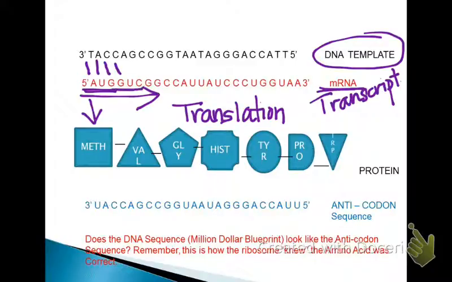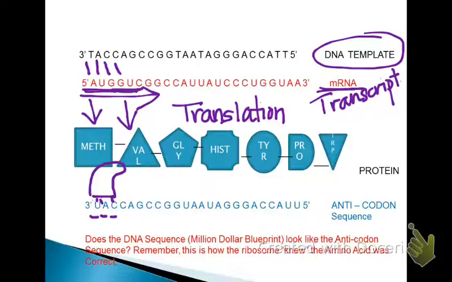Then you have GUC, which will signal for valine. And remember, the way that it knows which one to bring is because the transfer RNA is going to have these anticodons on the end. And see, you've got AUG, well, UAC is going to fit right with that, just like a perfect puzzle piece.